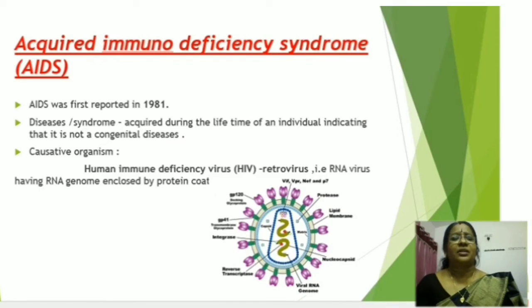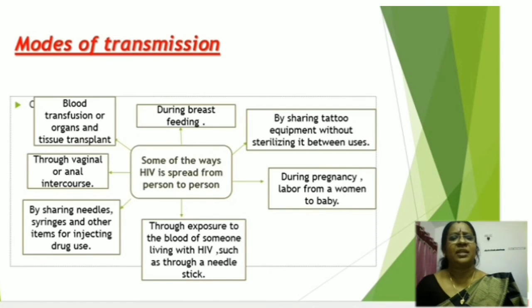AIDS, that is acquired immunodeficiency syndrome. It was first reported in 1981. The causative agent of this disease is HIV, the human immunodeficiency virus. It is a retrovirus, and RNA is the genetic material of this virus.